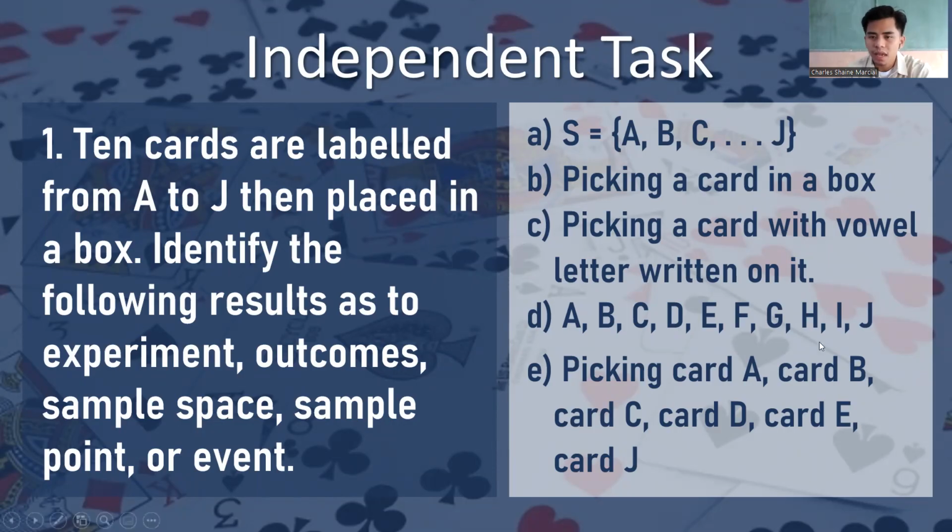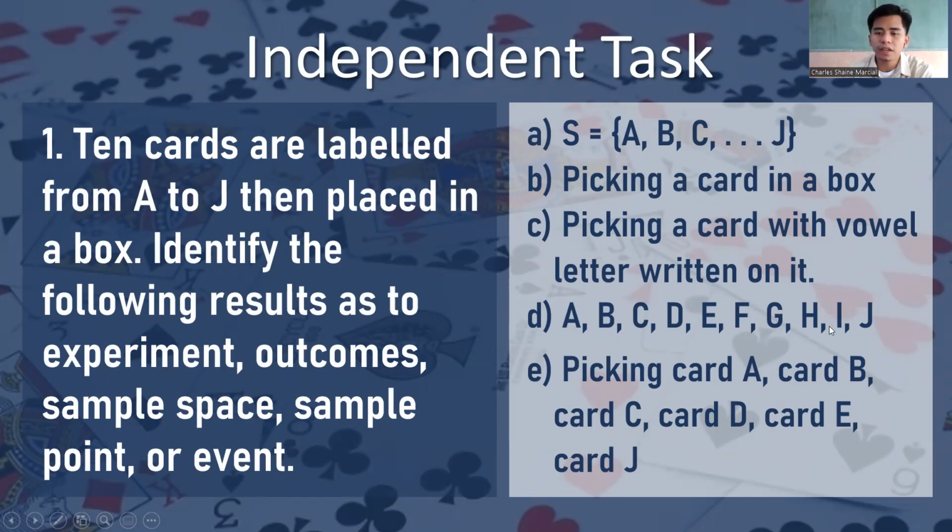Letter D, A, B, C, D, E, F, G, H, I, J. So ito, this is the sample point. Okay, sinulat lang natin lahat ng possible outcomes. Since sinulat lang and walang braces, so this is the sample point. Because it refers to each individual outcome.